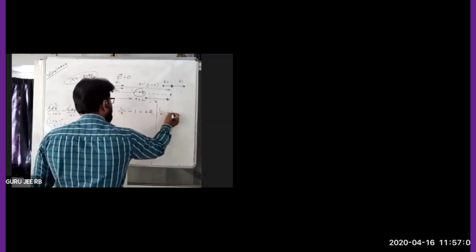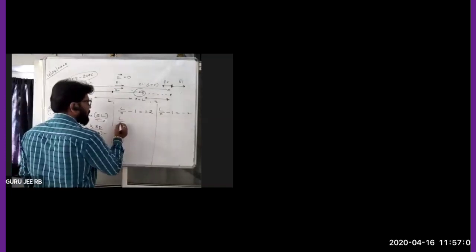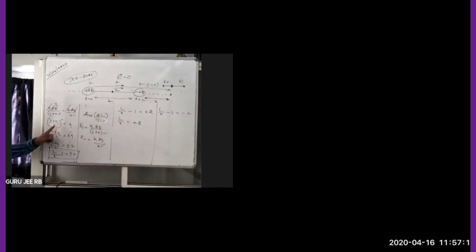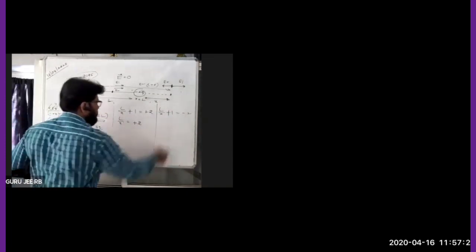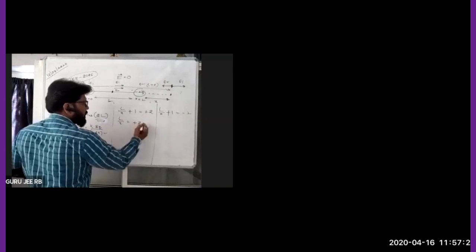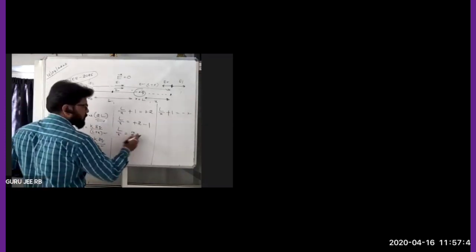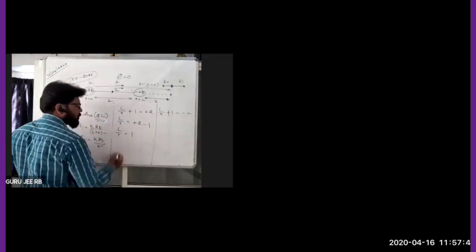L by X plus 1 is equal to minus 2, the second possibility. So L by X is equal to 2 minus 1, which is 1.